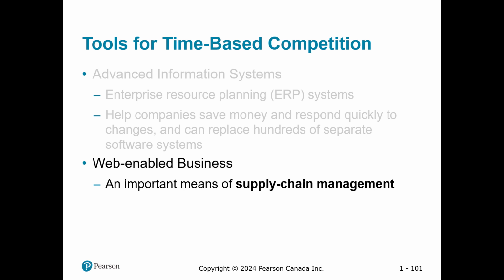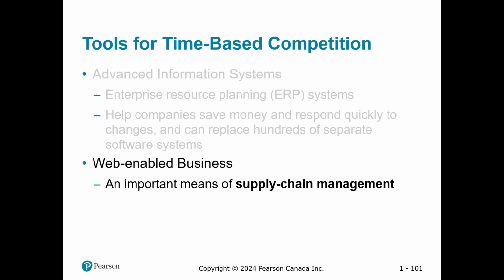We also have web-enabled business, and this is really important for supply chain management. So what is supply chain management, or SCM? It's basically overseeing the entire flow of goods and services, right from raw materials to the end consumer.